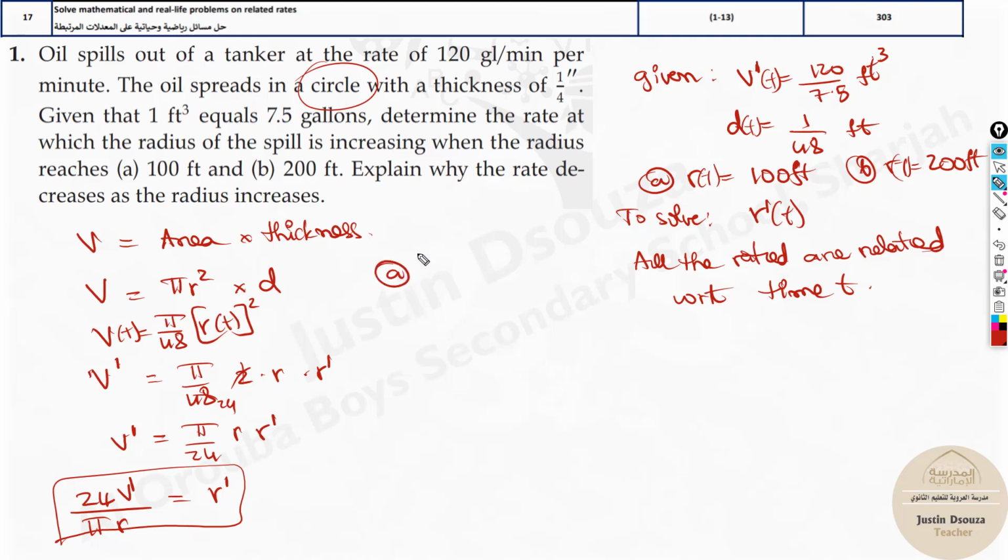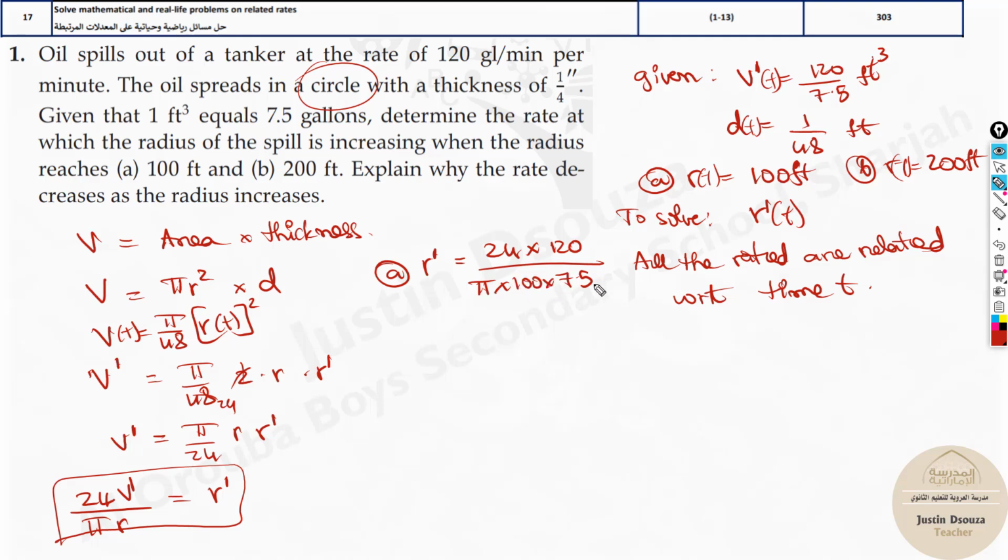So for the first one, A, we substitute: r dash is equal to 24. What is the rate of volume? It's given as 120 by 7.5. What else remains? 24 V dash is this, pi into what is the radius r? r is 100.